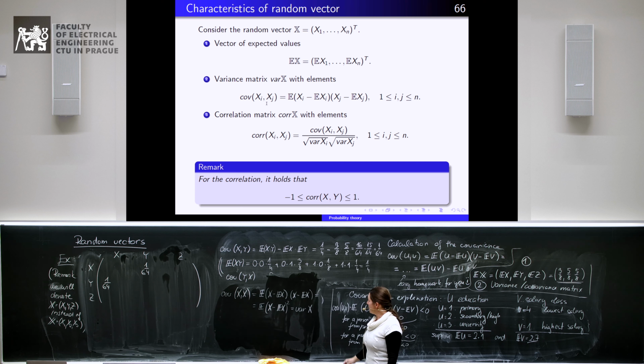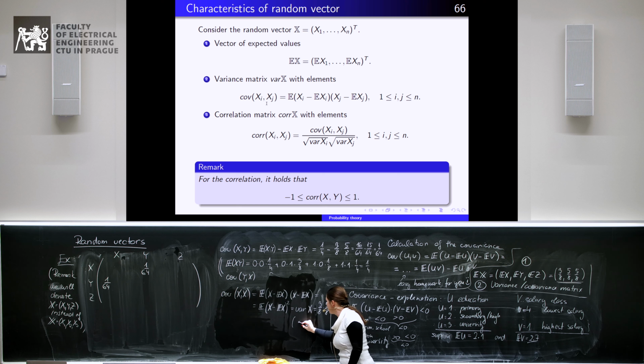In our case, since X comes from the alternative distribution with the parameter 3 over 8, the variance is 3 over 8 times 5 over 8.